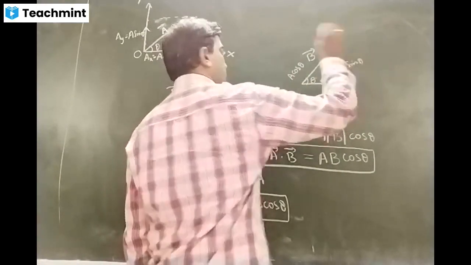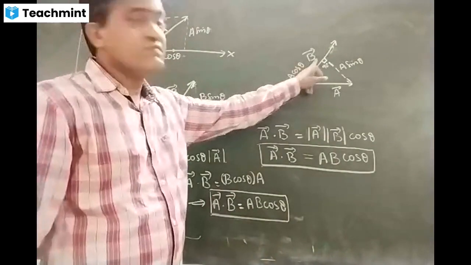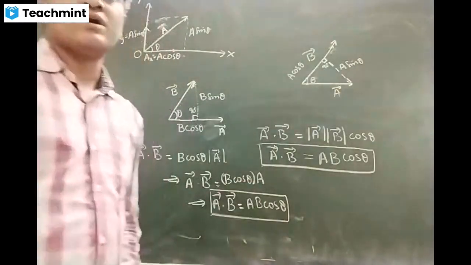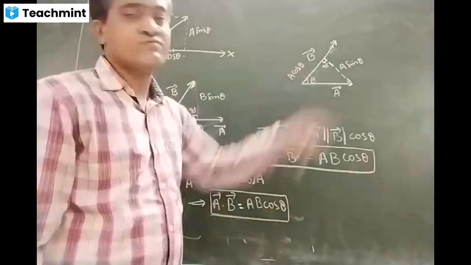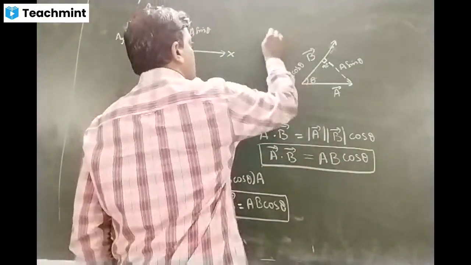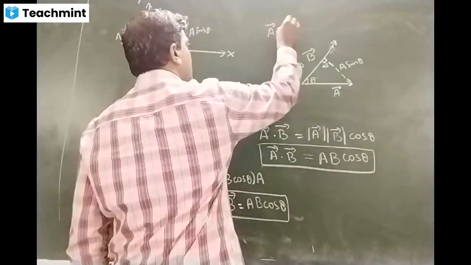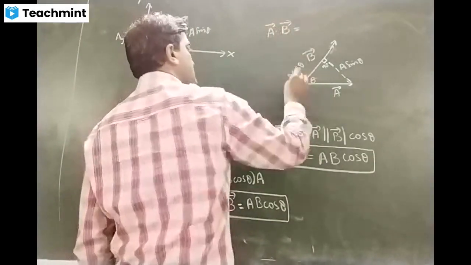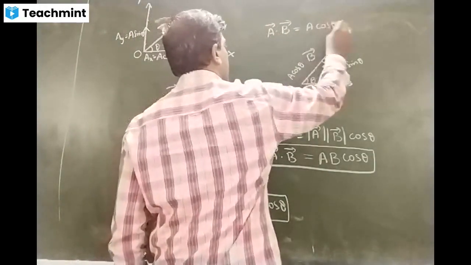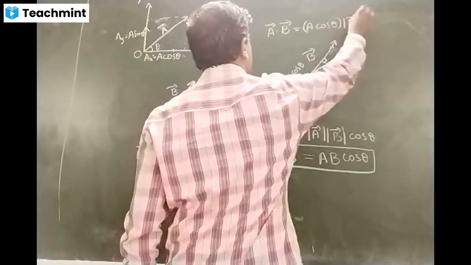Now if you look at the figure carefully, along the second vector B bar, A cos theta is acting. So I want the multiplication of these two. Then I can define the dot product again like this: A bar dot B bar is equal to A cos theta into modulus of B bar.